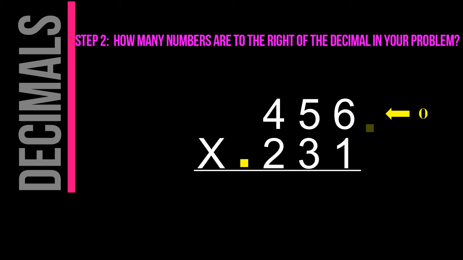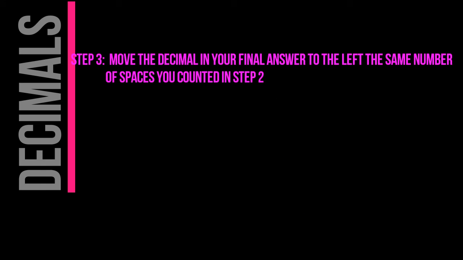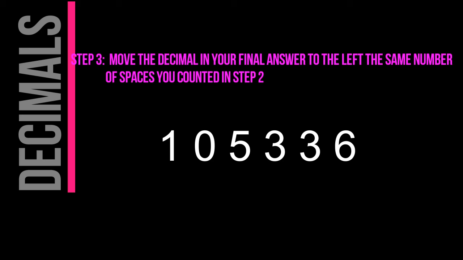In 456, there are no numbers to the right of the implied decimal. In 0.231, there are 3 numbers to the right of the decimal. If we add those numbers together, 0 plus 3 is 3. That means that there are 3 numbers to the right of the decimals in the problem.